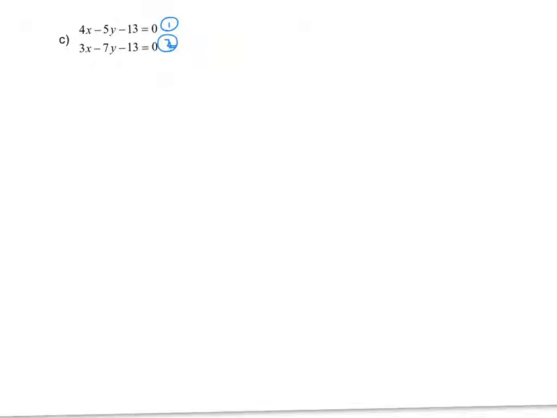I think I want to eliminate the x's. I'm going to take equation number 1 and times it by 3. That's going to make me have a 12x. 3 groups of 5 would be a minus 15y, and 3 13s would be a minus 39, and then 3 times 0 would be 0.